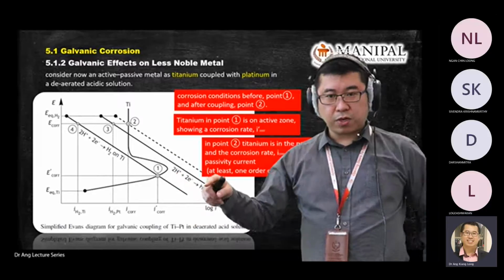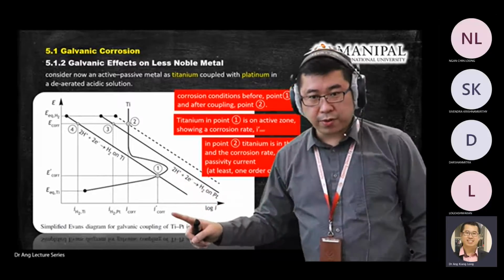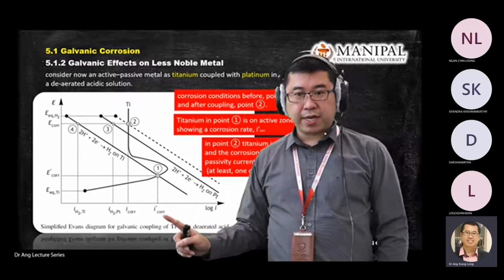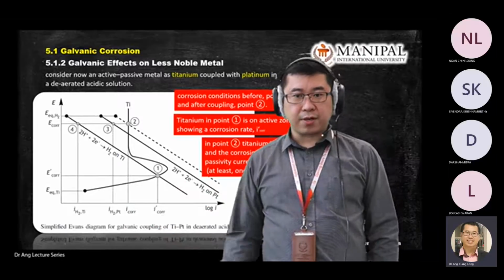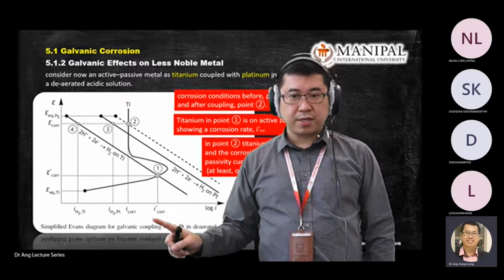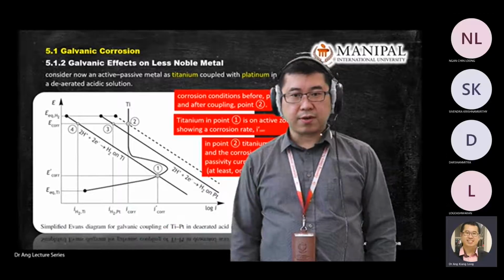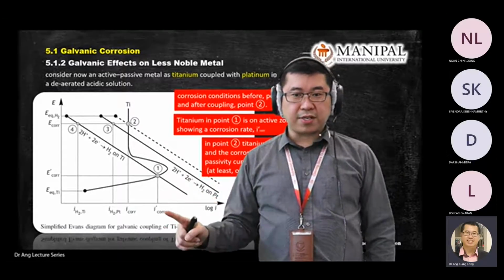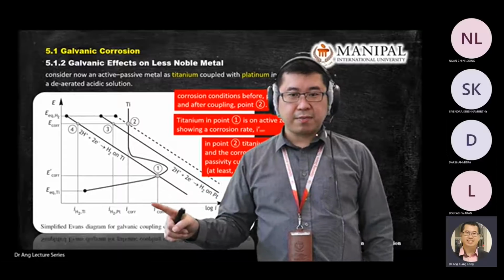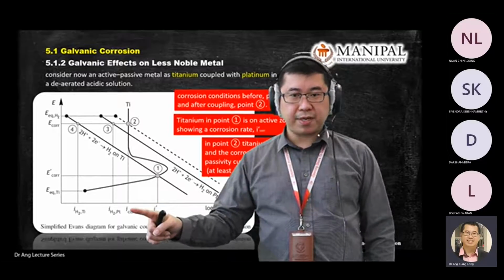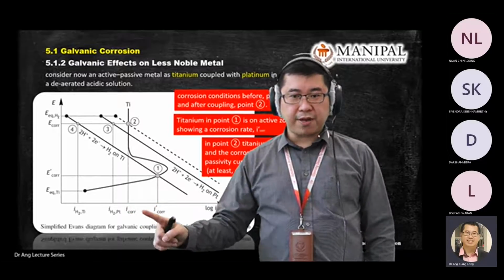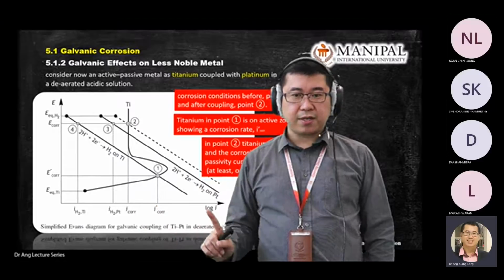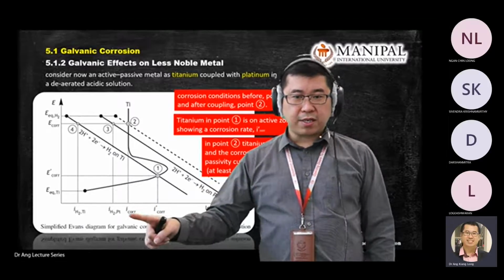This line, the lower nobility one, represents corrosion rate. So actually the corrosion rate decreases on this graph. I prime is here, but after coupling, you see what happened? After coupling, the value is on the left of the chart. It is a lesser value.